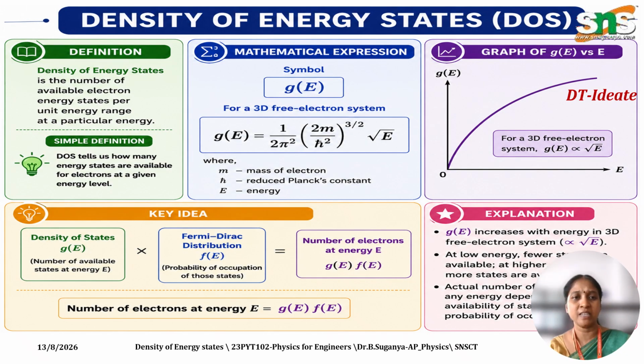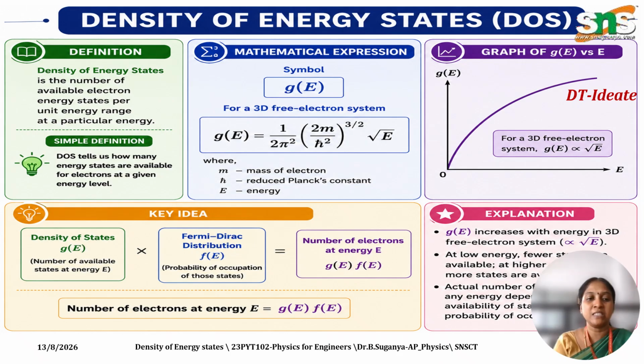So density of energy states: the definition is the number of available electron energy states per unit energy range at a particular energy. Its mathematical symbol is G(E), and for a 3D free electron system, G(E) is equal to 1 by 2π² into (2m by ħ²) whole power 3 by 2 into root of E. And here the number of electrons at an energy level E is equal to G(E) into F(E).